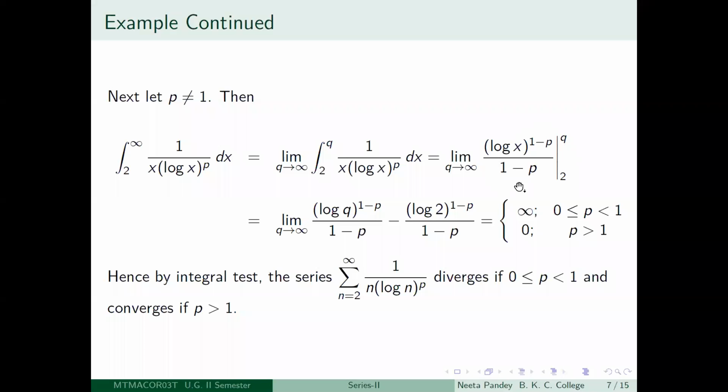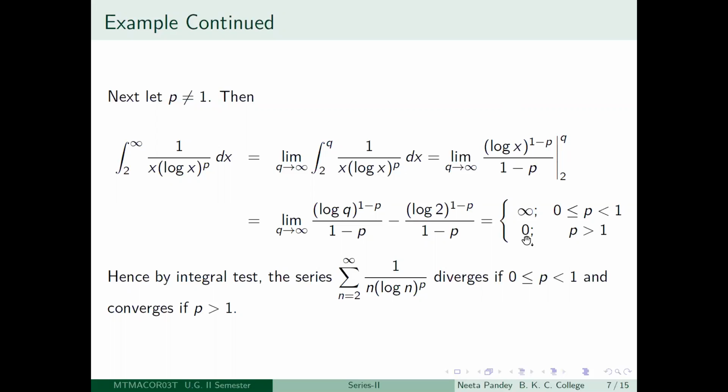If you take the derivative of this, then what will you get? This 1 minus p comes in the front. So you get 1 minus p log x to the power 1 minus p minus 1. So you are left with log x to the power minus p. So that is this part. And 1 minus p cancels out. And then you have to take the derivative of log x. So you get 1 by x. So essentially you are going to get this, right?